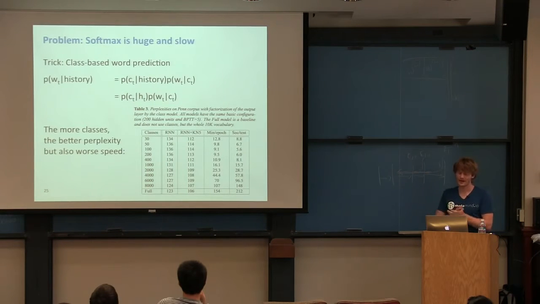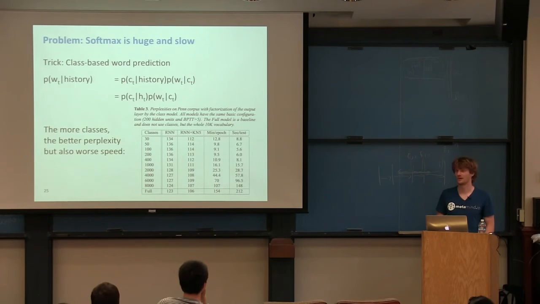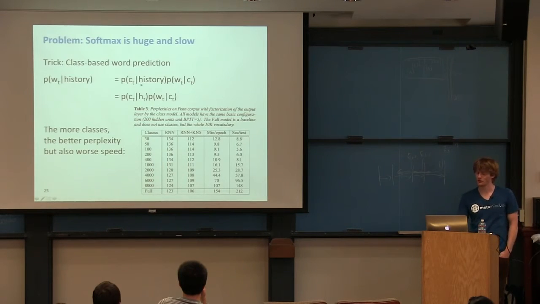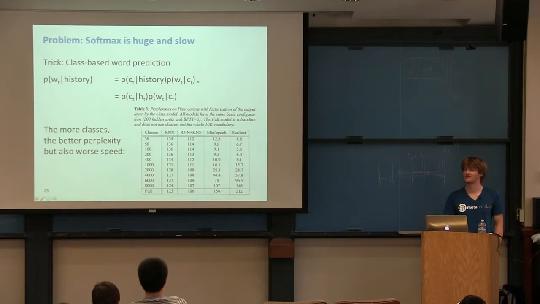And so one way to deal with that is a nice trick, also coming from Mikolov, who really spent many years on just recurrent neural networks for language modeling. This was basically his entire thesis. And one neat trick is to use class-based word prediction. So you try to predict the word at time step t, given the history, but now you factorize this and say, I first predict a class given the history, and then I predict a word given this class.